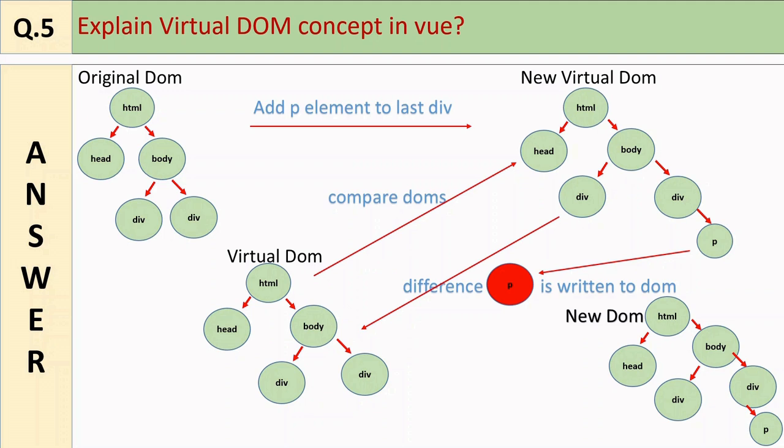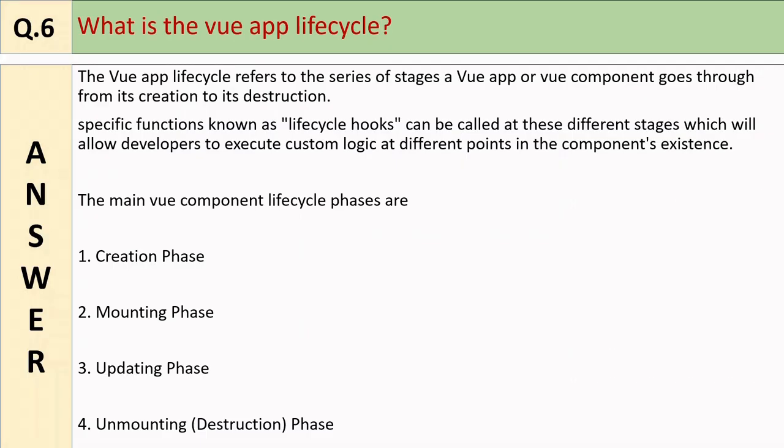What is the Vue app lifecycle? The Vue app lifecycle refers to a series of stages a Vue app or Vue component goes through, starting from its creation until its destruction.